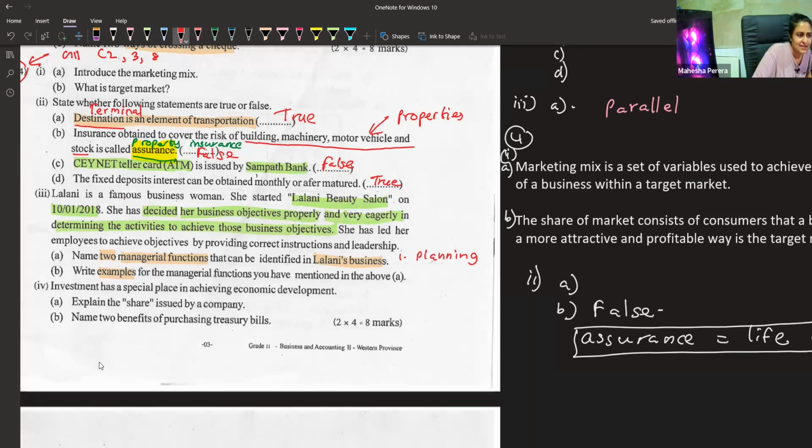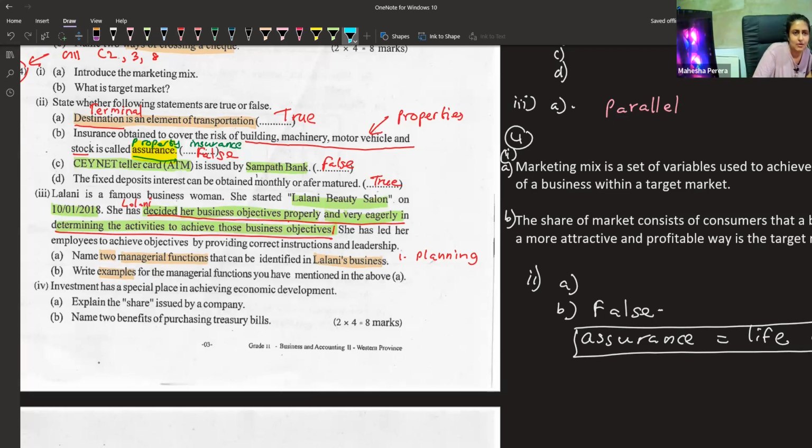Say Lalani decided her business objectives, up to here, a full sentence for the example. Then it says, she has led her employees to achieve objectives by providing correct instructions and leadership.